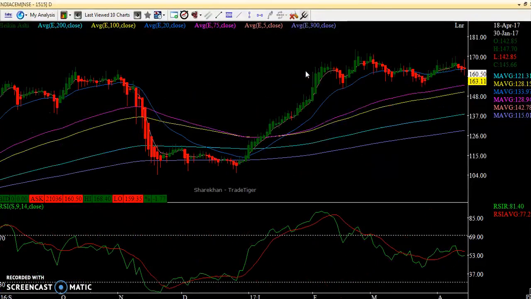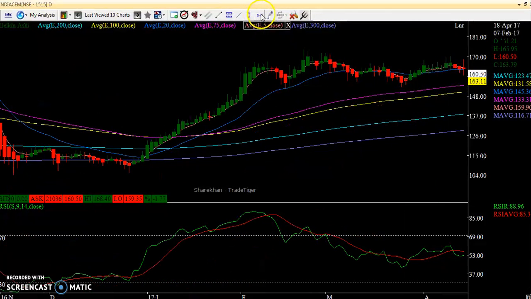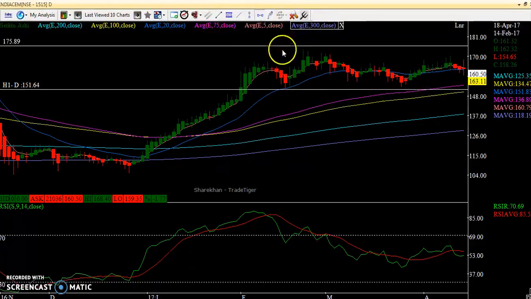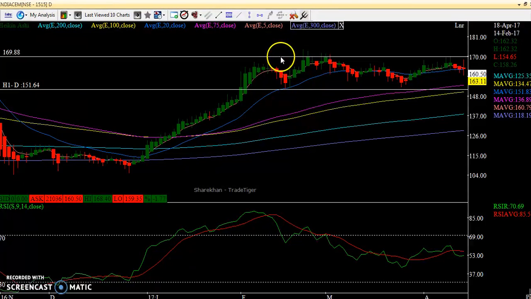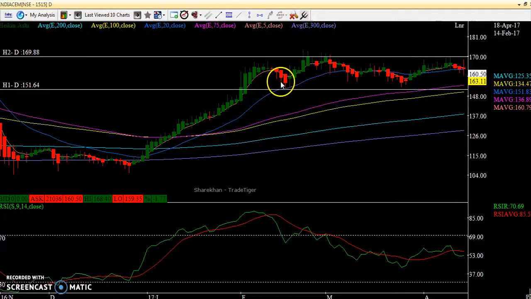Coming to the demand and supply zones of the stock, the stock is really only for short-term trades. So you can consider buying at the level of 150 here. You can see that the stock had demand here and trended up, and came down from here.